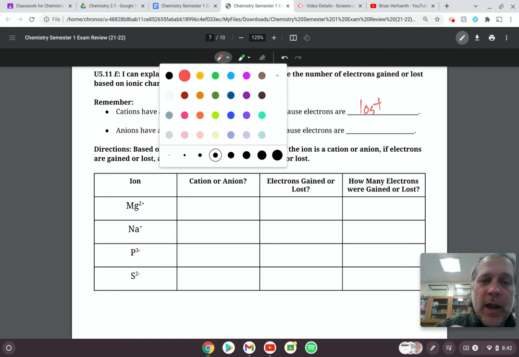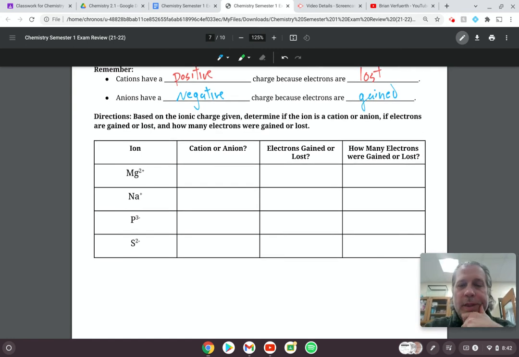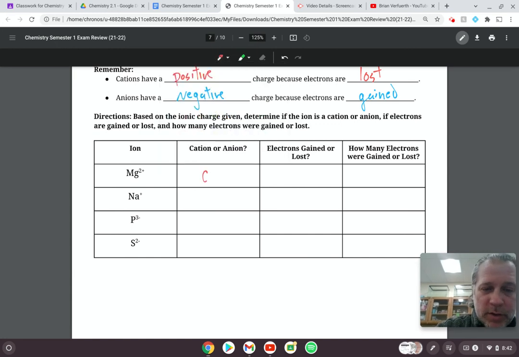And then anions have a negative charge because electrons are gained. So what that means is that if you see an atom that has a positive charge, not only is it an ion, it's going to be a cation. So Mg plus 2 is going to be a cation. And then Na plus 1 will also be a cation.